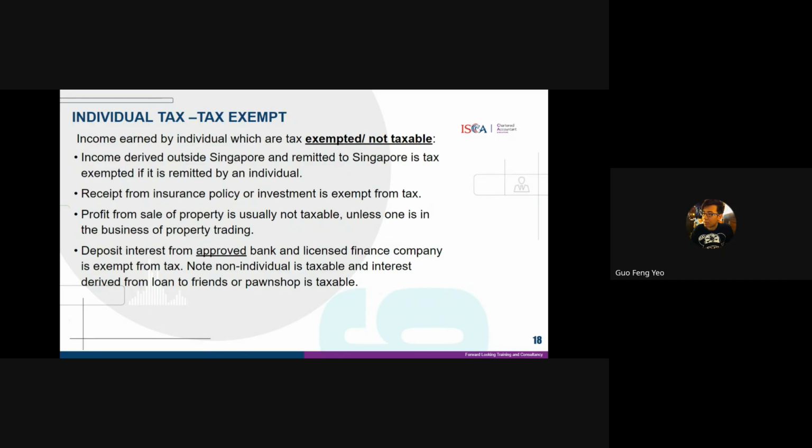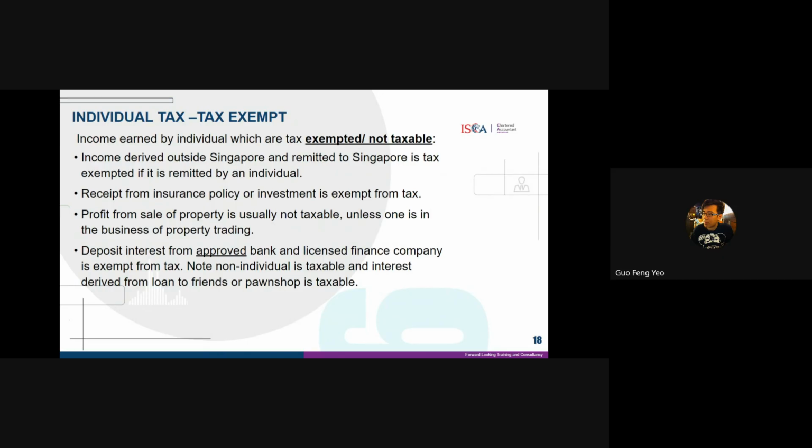One good example would be if you found a job in Dubai, exercised an employment there, and subsequently you bring all the employment income you earned in Dubai into Singapore, it is not subject to tax. Next, receipt from insurance policy or investment is also exempt from tax. One notable call out is whether or not, if you receive a payout under key man insurance, that would be taxable. Next, profit from sale of property.